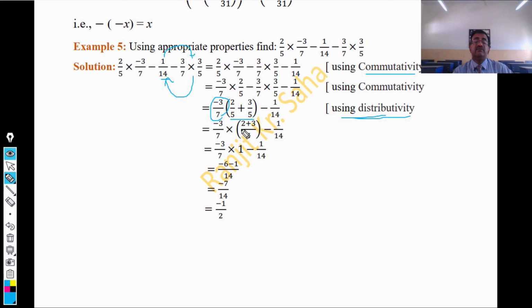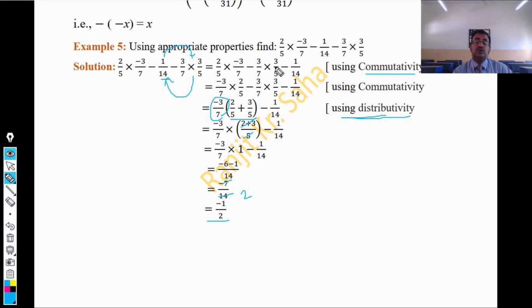You will get 2 plus 3, 5 by 5, and cancel 5 and 5, then it is 1. Minus 3 by 7 into 1 minus 1 by 14, take LCM 14, it is minus 6 minus 1, minus 7 by 14. Cancel 7 and 14, you will get 2, and finally the result is minus 1 by 2.